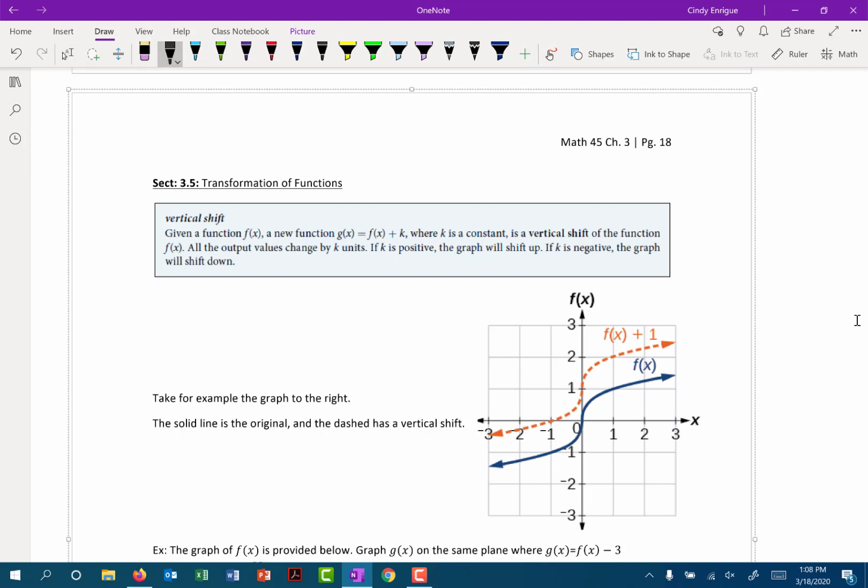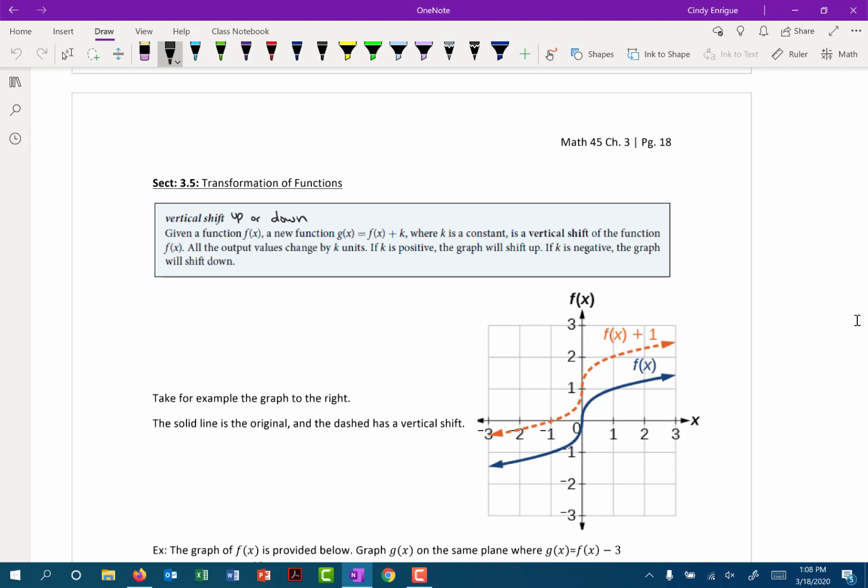So a vertical shift, that means going up or down. So remember, vertical means up or down. So given a function, if I have f of x plus k, where k is a constant, then what we're doing is we're moving it up by k units. If it's negative, then you're moving it down by k units.